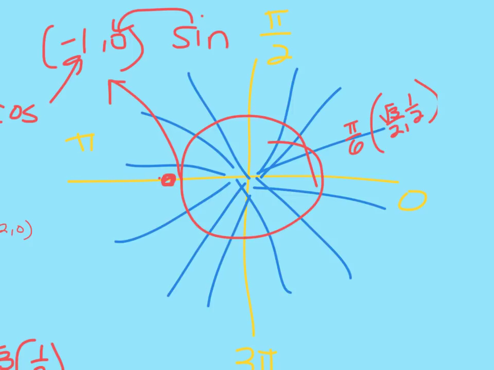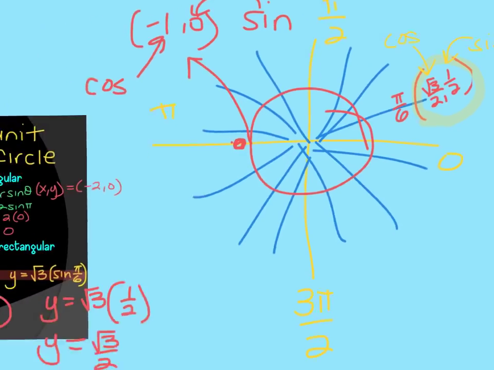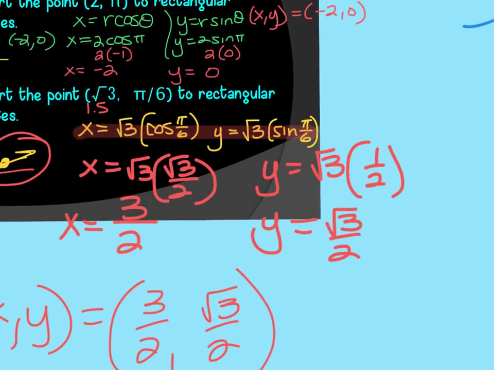So the coordinate point at pi over 6 is root 3 over 2 and 1/2. Okay. The cosine is your x. The sine is your y. All right. And then you just plug it in and simplify. So I plugged in the cosine and the sine, and then I simplified by multiplying by the radius, which is root 3. Oh, okay. Does that make sense? Yeah, okay.